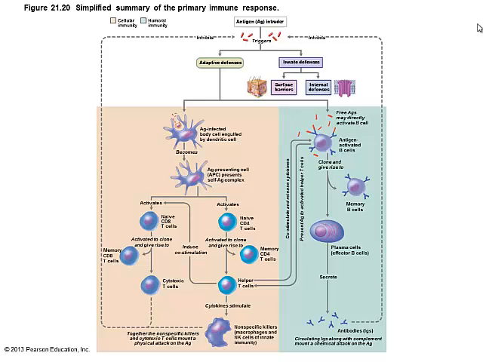Helper T cells. Okay? So even though they can do a little bit on their own, they're not going to be able to do it efficiently and to the number that we need unless they get help from those helper T cells. Remember, the helper T cells are also going to play a role in helping to activate CD8 positive T cells. Those guys are the run around and poke holes in things T cells.